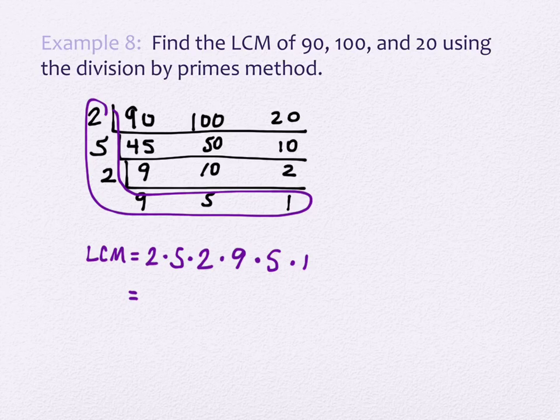I don't need to factor this or anything like that. I'm not interested in trying to find the prime factorization form. I'm interested in finding the value that we get when we multiply back out. So if you multiply these back out, what do you get? 900. So the least common multiple of 90, 100, and 20 is 900.